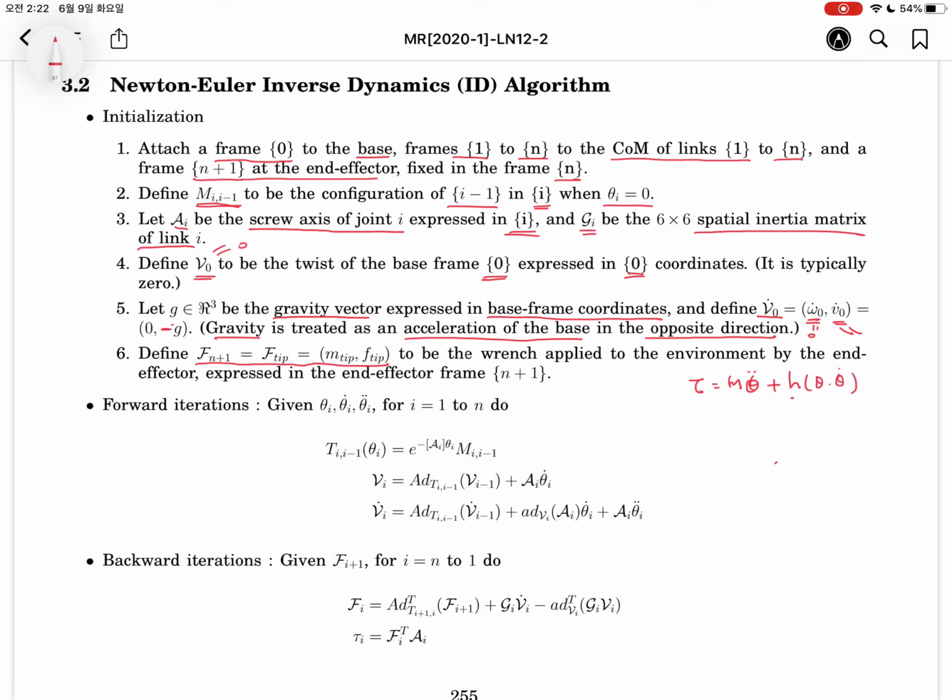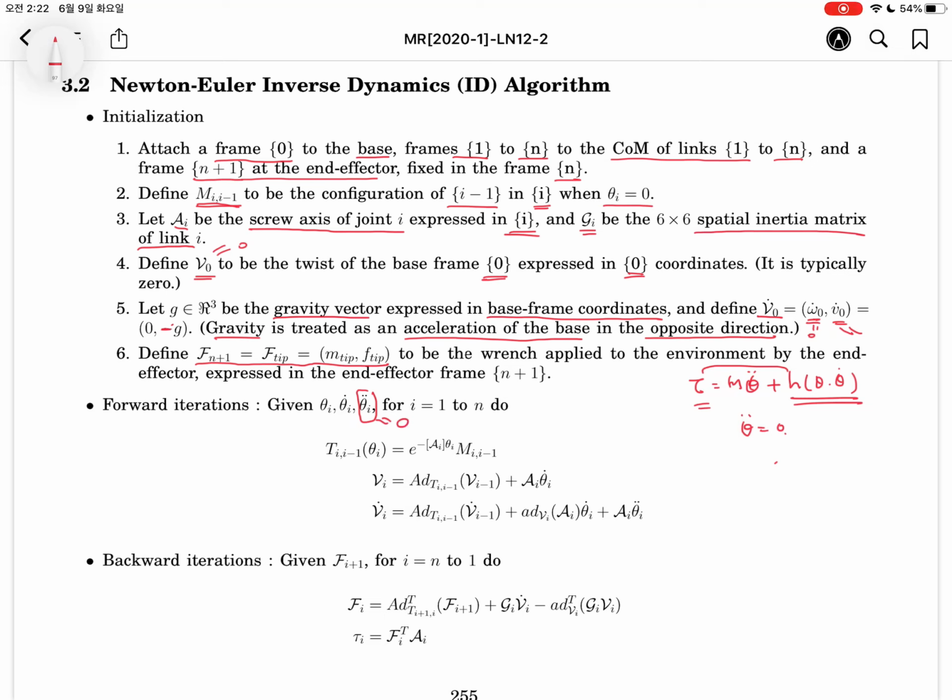In order to obtain h using this algorithm, from here we can know that theta double dot should be 0. Then tau will express h, is it right? So in this algorithm, we will set all the theta i double dot to zeros.